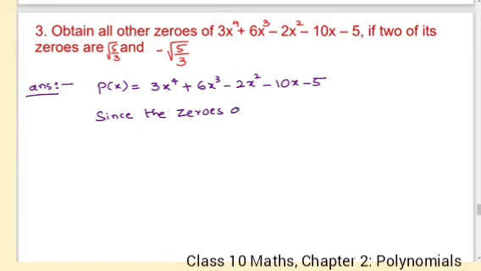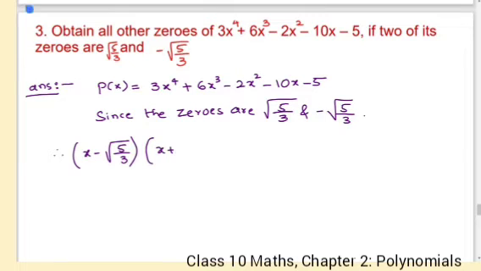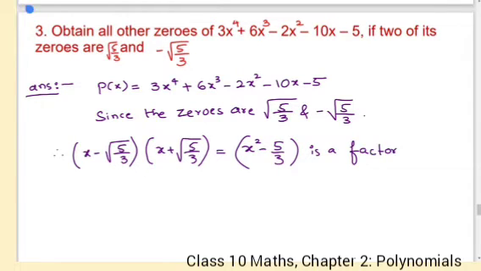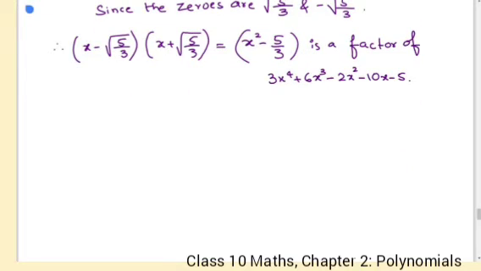Since the zeros are square root of 5 by 3 and minus square root of 5 by 3, therefore x minus square root of 5 by 3 into x plus square root of 5 by 3 is equal to a minus b into a plus b formula you apply here. It becomes x square minus 5 by 3, which is a factor of the polynomial p of x here.